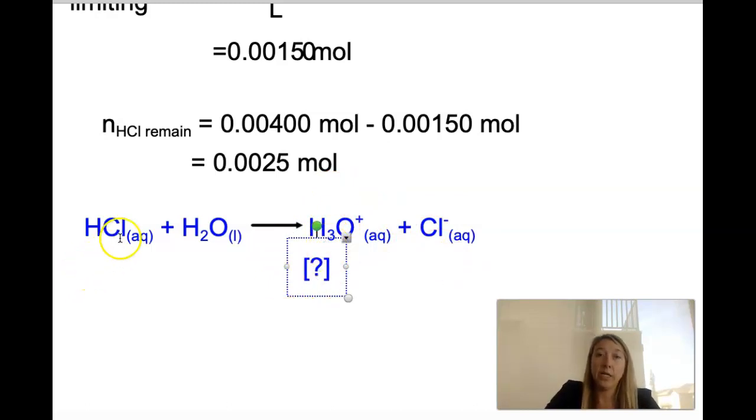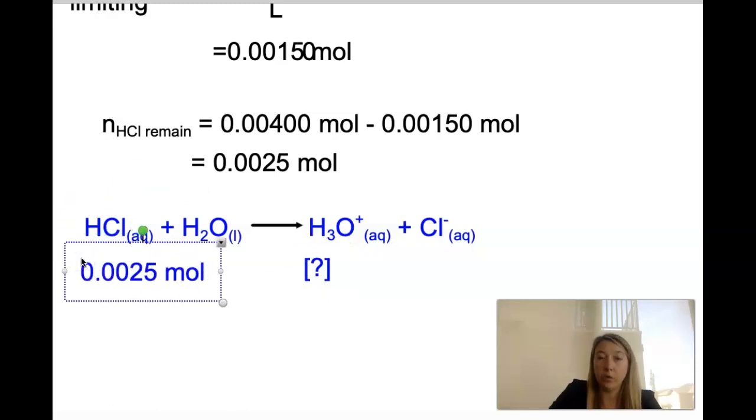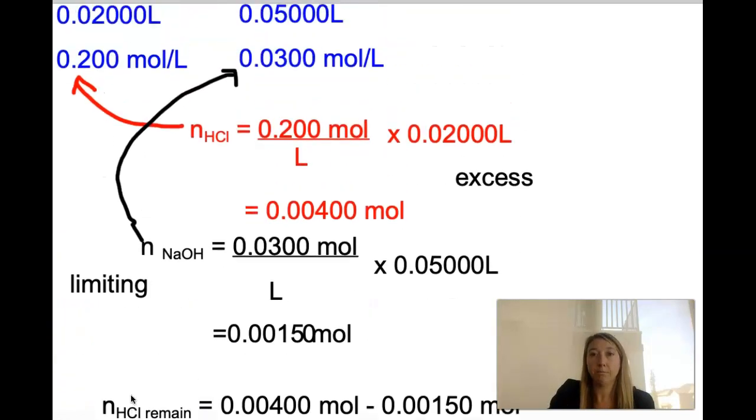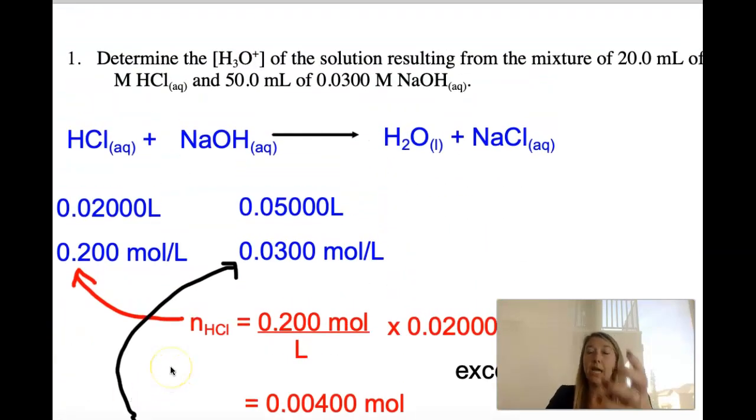So what do I know? Well, I know how much HCl I have, right? I know that there's 0.0025 moles. But to get concentration, I also need to know what the volume is. So going back to the question, we have to consider the fact that we had, let's say, an Erlenmeyer flask, and we put in 20 mils of HCl. We then added 50 mils of sodium hydroxide. So if I put 20 mils and I put 50 mils all into this container, the current volume of my solution is 70 because I combined them together.